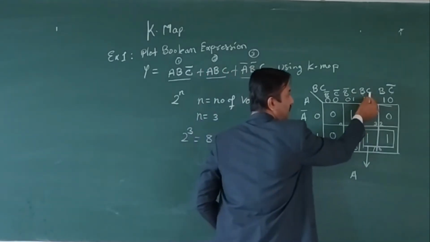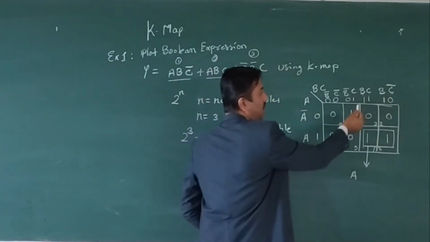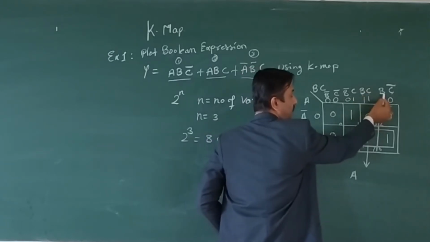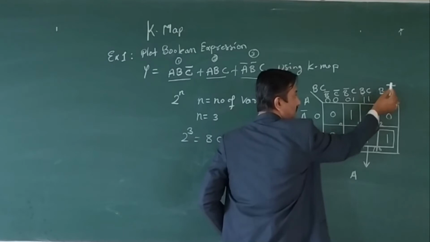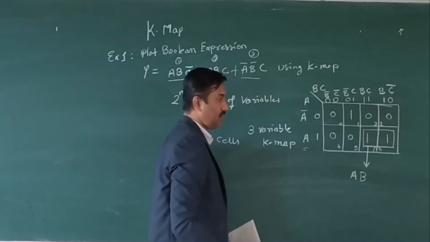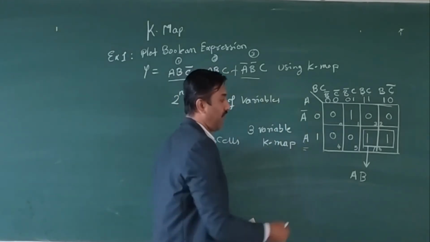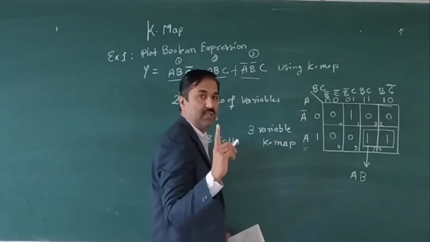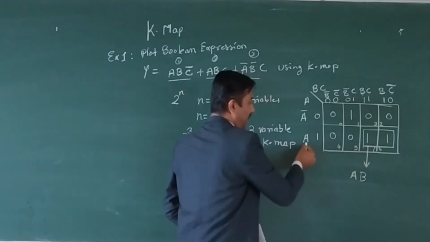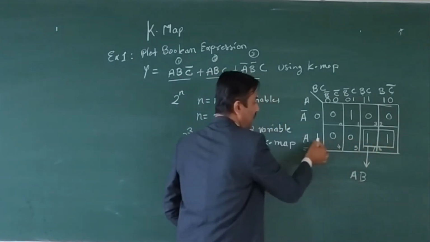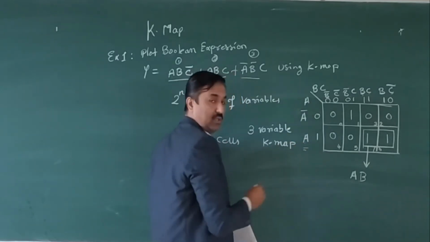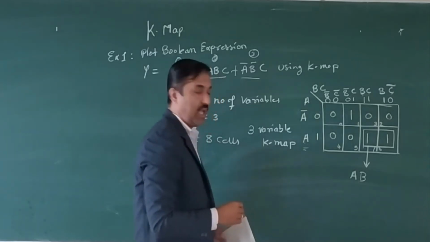C is changing because in the product term BC, C is uncomplemented, whereas in the other product term B C bar, C is complemented. So I take it as B. Hope you have understood why I have taken B, because B is not changing and it is holding only one value at a given point of time. Why have I taken A here? Because for this one and this one, the variable represented is A itself. So the expression that has come out is A, B.